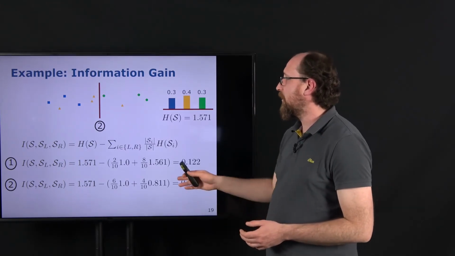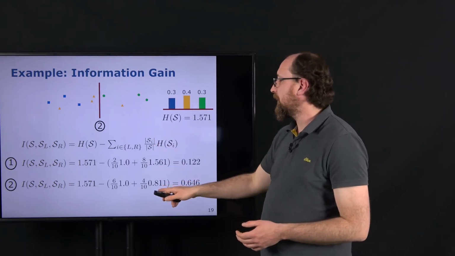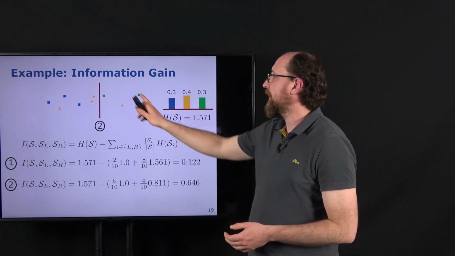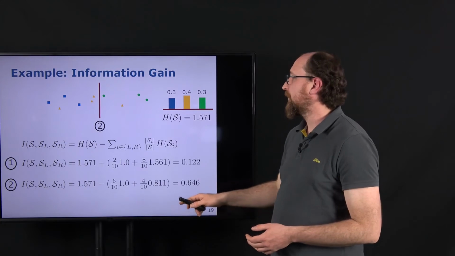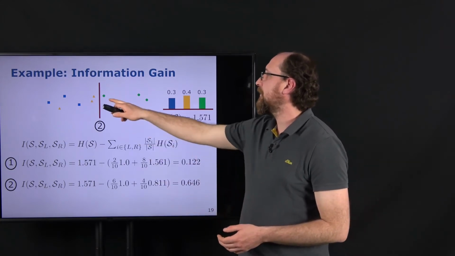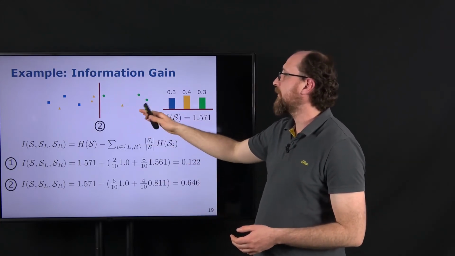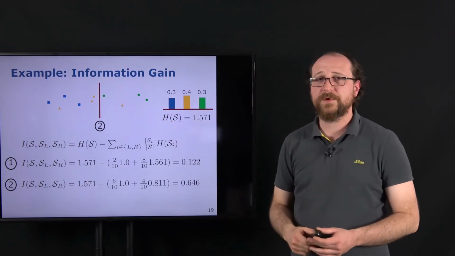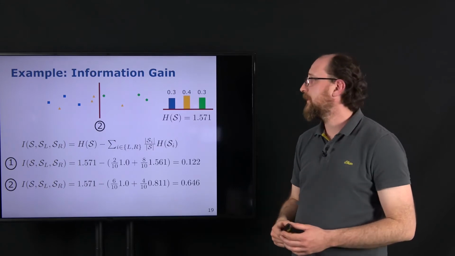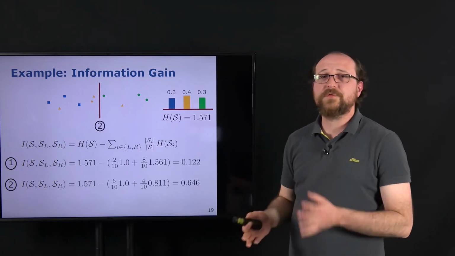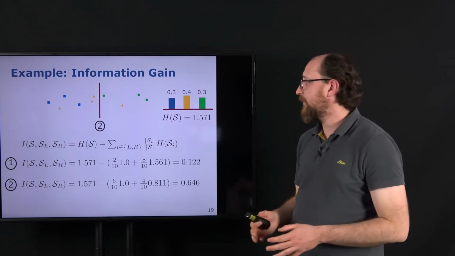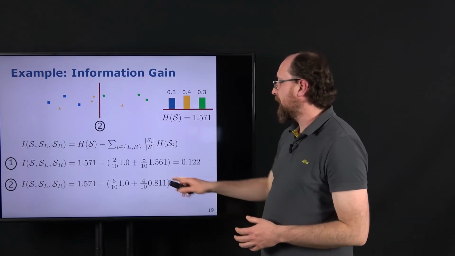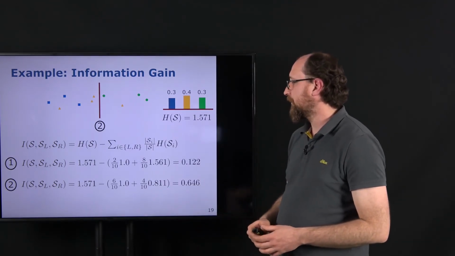But now, as you can see here, the entropy of the right set is largely decreased because we have only 4 points, with 3 green points and 1 yellow point, and therefore the distribution over the P of y's is more peaked, and therefore the entropy here is decreased.